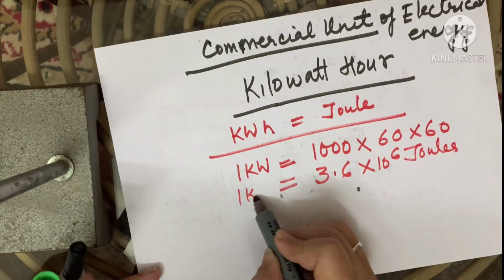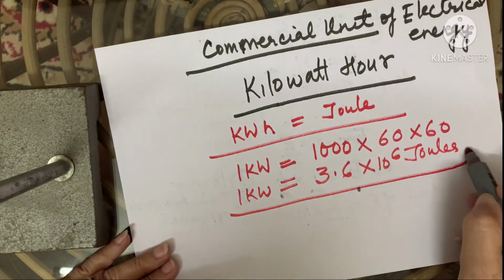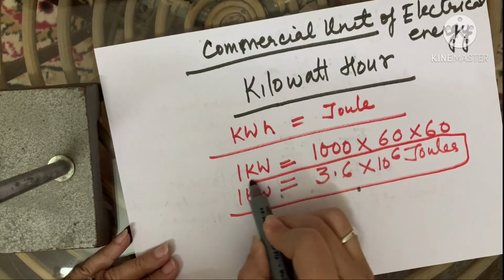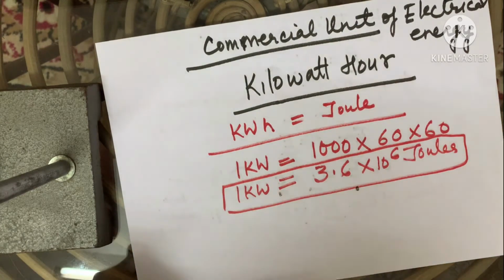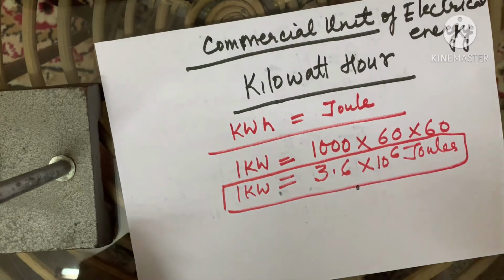So 1 kilowatt hour is equal to 3.6 into 10 raised to power 6 joules. Thank you.